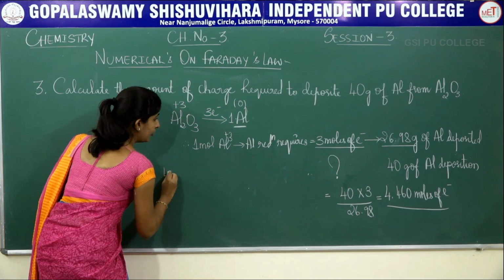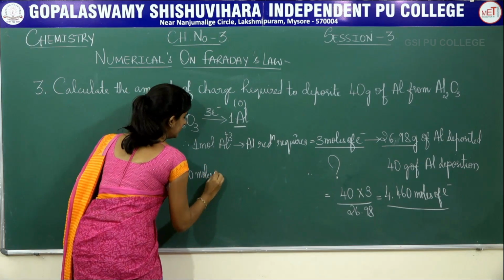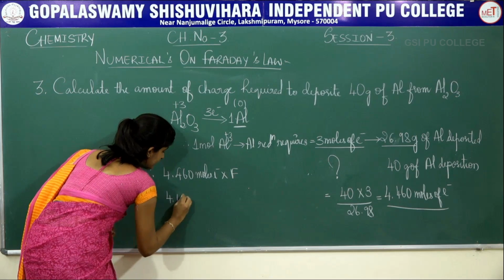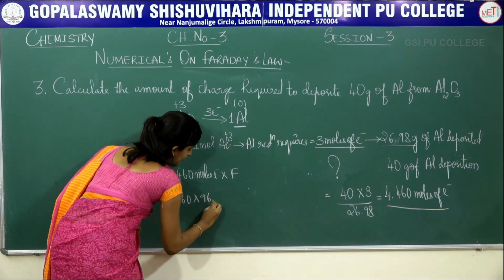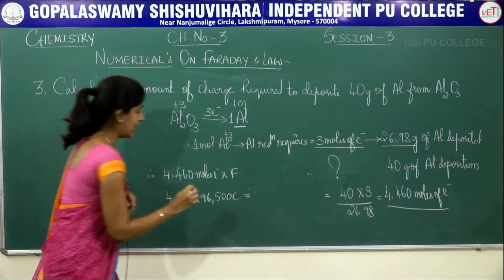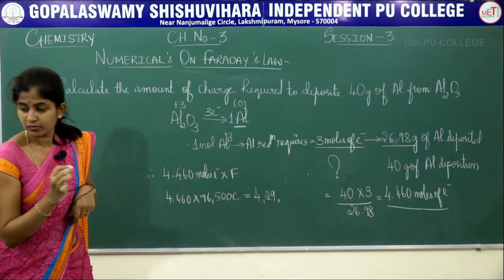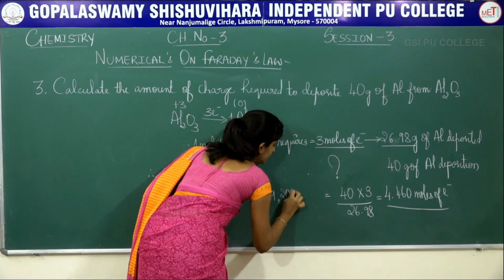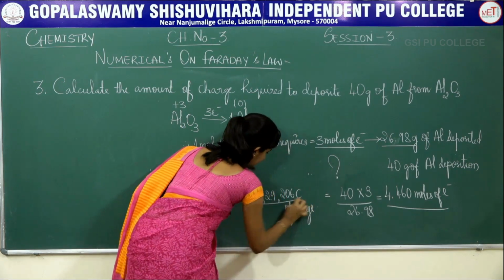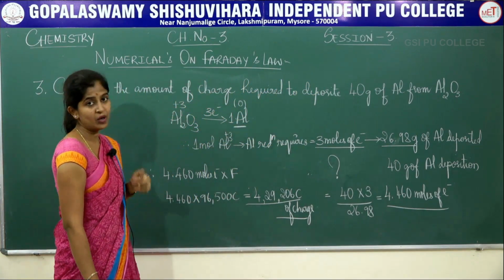Therefore 4.460 moles of electrons into Faraday, that is equal to 4.460 into 96,500 coulombs, that is equal to 4,29,200 coulombs of charge. So this much amount of charge is required to deposit 40 grams of aluminium from aluminium oxide.